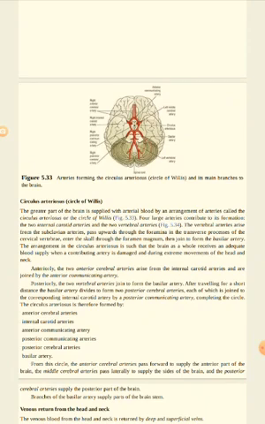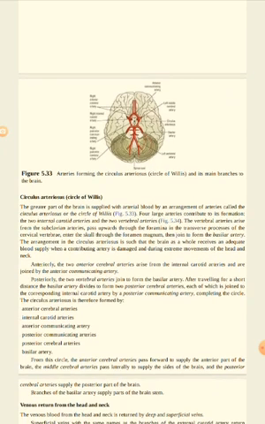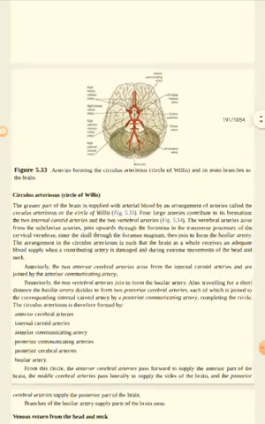Each of these is then joined by the corresponding internal carotid artery through a posterior communicating artery. So a posterior communicating artery from the internal carotid artery joins these posterior cerebral arteries, thus completing the circle of Willis.